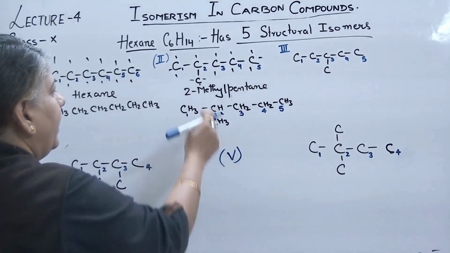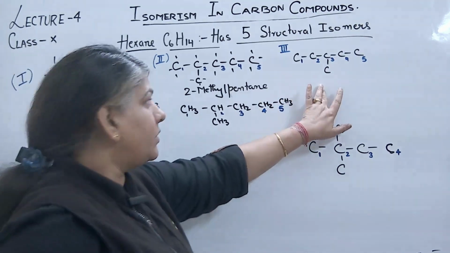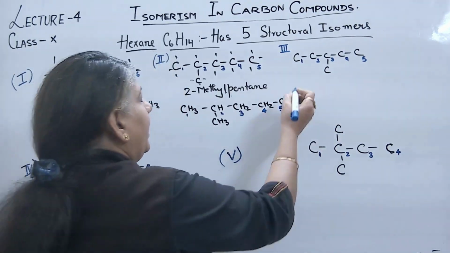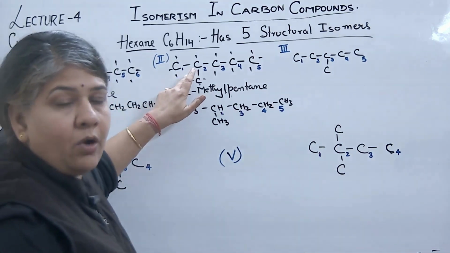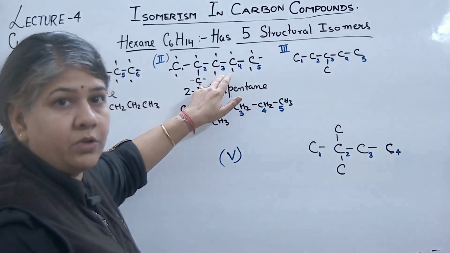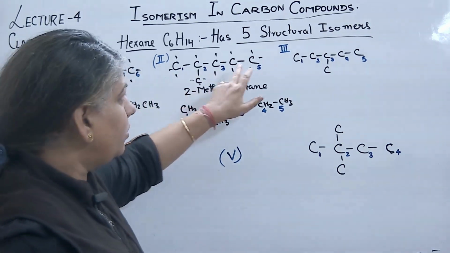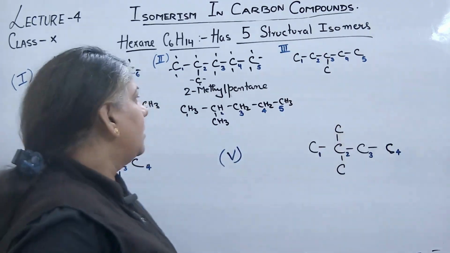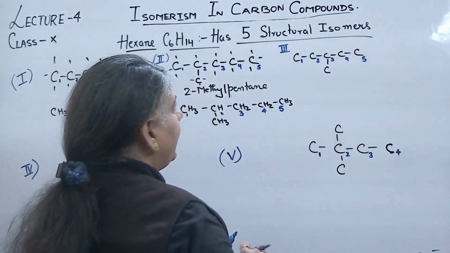So 2-methylpentane. Now let's come to this structure. Again, here the methyl group is now placed at 6th position. You just shift this carbon from 2 to 3. So you get another new compound. So the name will be 3-methylpentane.